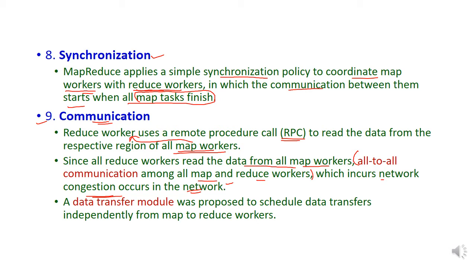Okay, so the data transfer module was proposed to schedule data transfer independently from map to reduce worker. So the communication is very important, and that will take place through the data transfer module in the MapReduce framework.